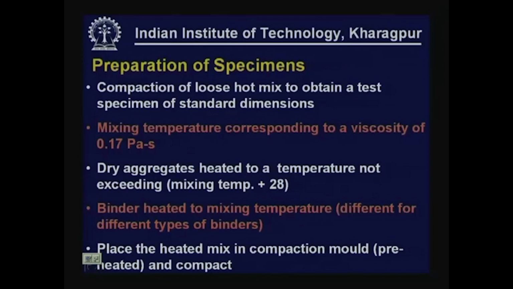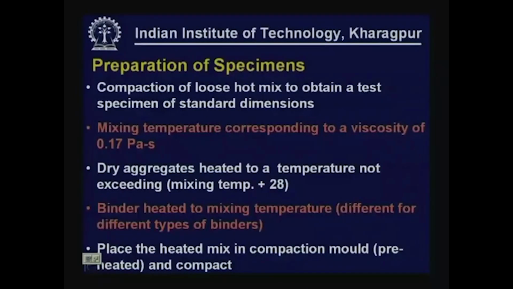Similarly, the dry aggregates are heated to a temperature not exceeding mixing temperature plus about 28 degrees centigrade. The binder should be heated to mixing temperature, which would be different for different types of binders, because those viscosity ranges are attained at different temperature ranges for different types of binders.